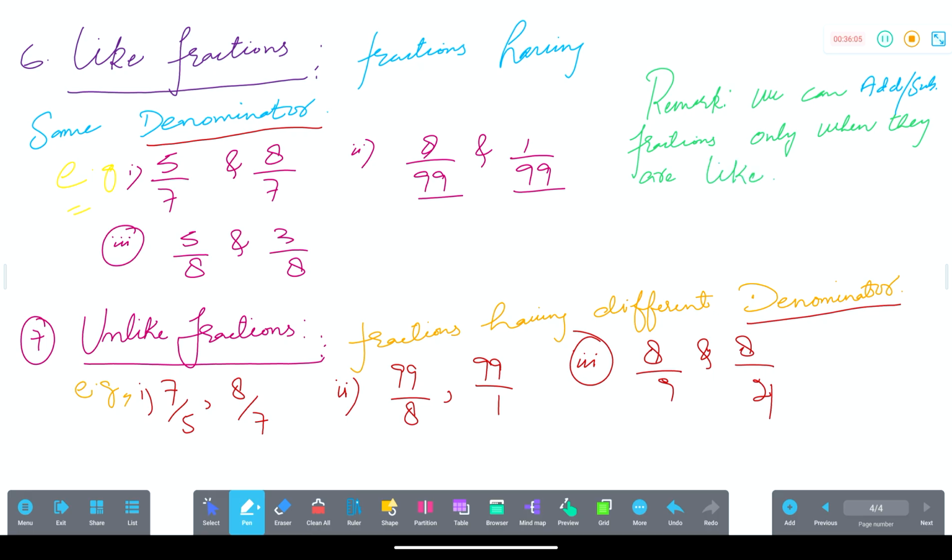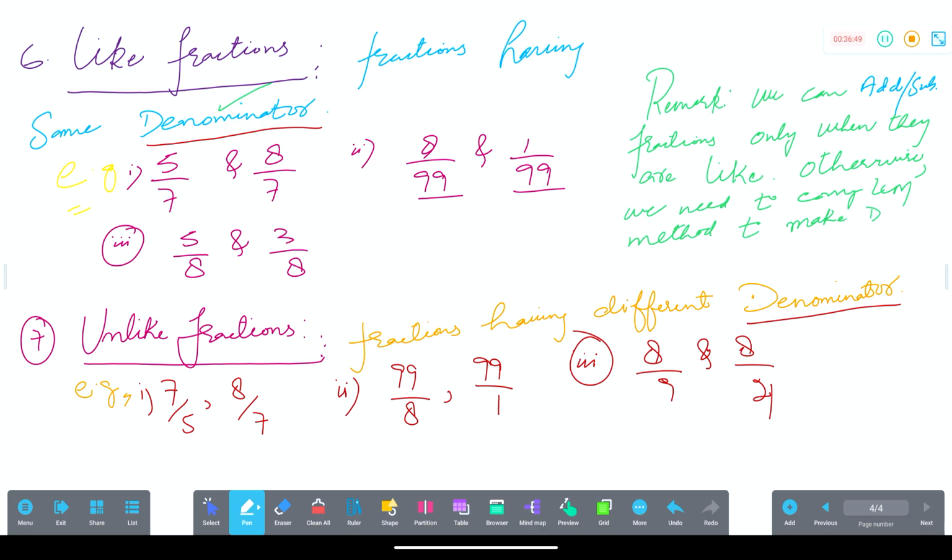So whenever you are operating on fractions with the add and subtract signs, you can do it only when they are like, when their denominators are the same. If they are unlike, then you have to make the denominator the same by using either the cross multiplication method or the LCM method. Otherwise, we need to carry out the LCM method to make the denominators equal.